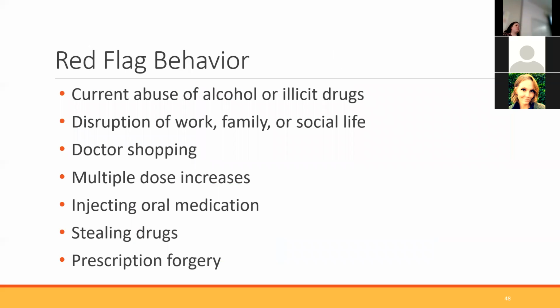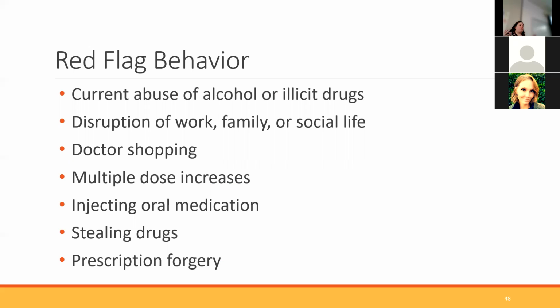Some red flags. Somebody who already abuses alcohol or illicit drugs, some sort of substance abuse, having disruptions of work, family, and social life, doctor shopping, so going around to lots of places. Prescription drug monitoring programs, or PDMPs, have helped a lot with this because now physicians, healthcare providers, and pharmacies can all see everywhere a patient has gotten a prescription for an opioid.